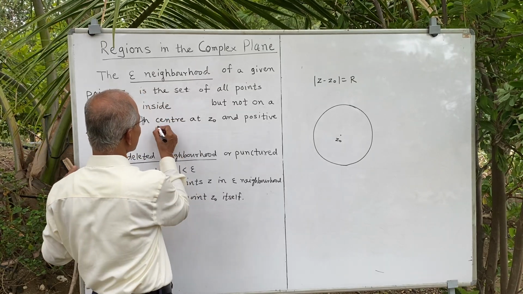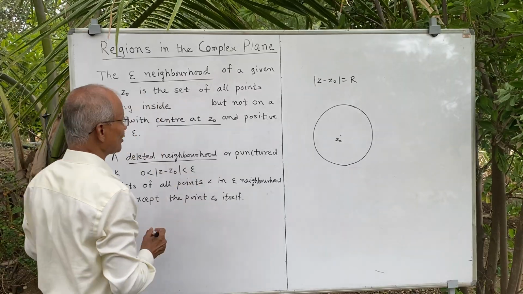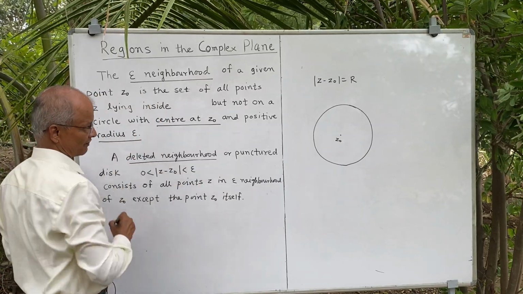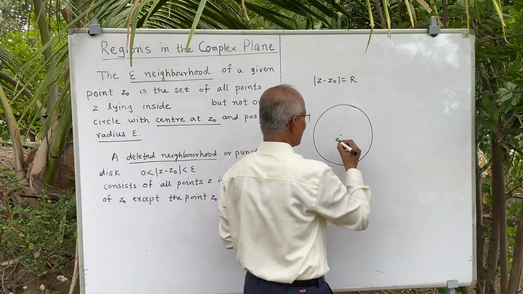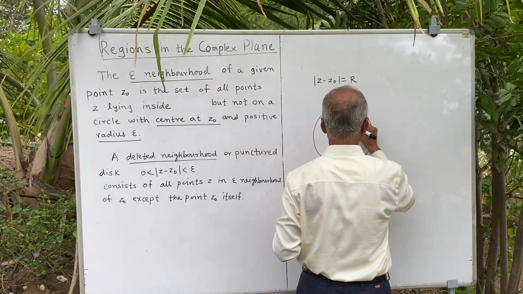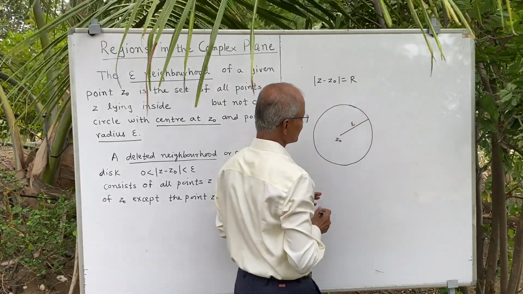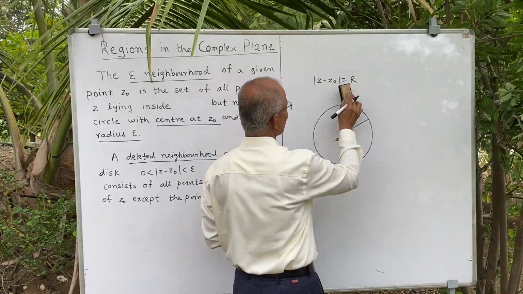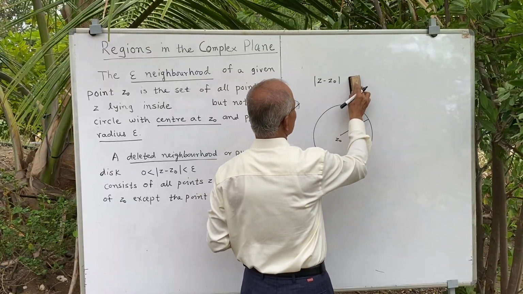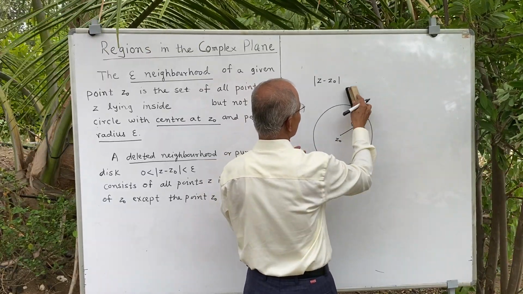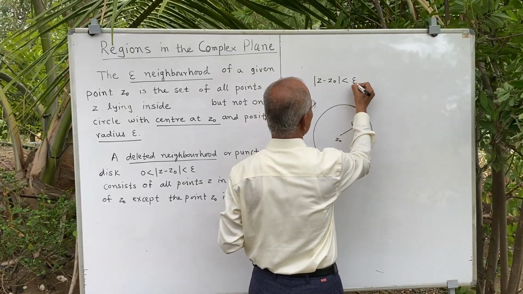And what about the circle? The center is at z naught and radius is epsilon, and the equation is now mod z minus z naught is less than epsilon.